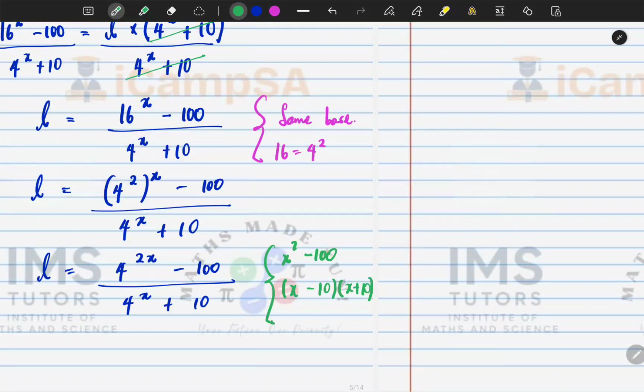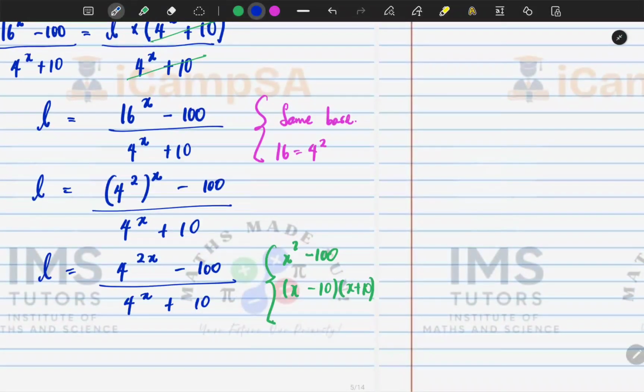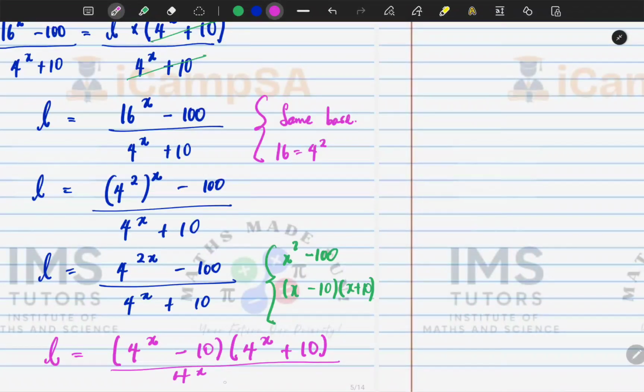It's almost the same as that, so we are going to write it in that manner. So we are going to have length equals 4 to the power of x minus 10, times 4 to the power of x plus 10, all over 4 to the power of x plus 10. So it's not 4x, it's 4 raised to the power of x.